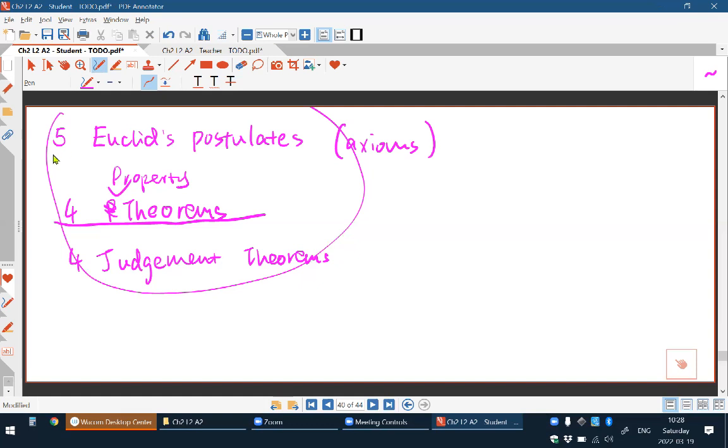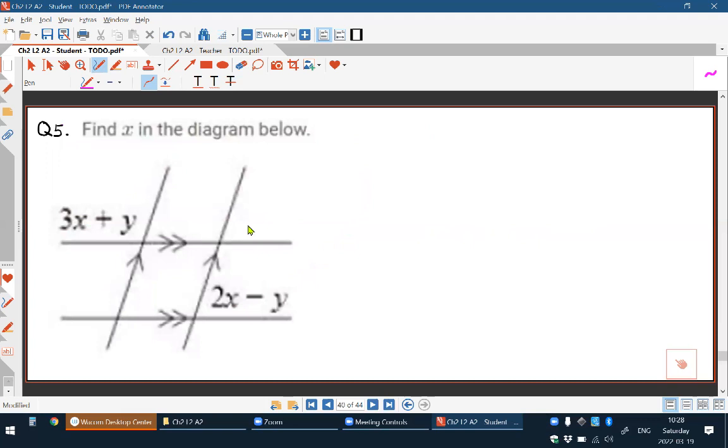So that means five postulates and eight theorems that we have learned so far, right? And as we proceed, we'll learn something more, such as the properties of triangles in our next lesson. Okay, next one. Do you have any questions? No, okay, next one.